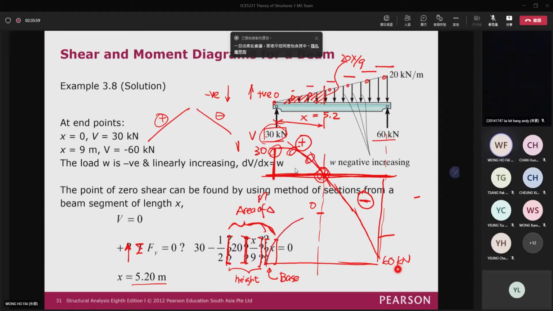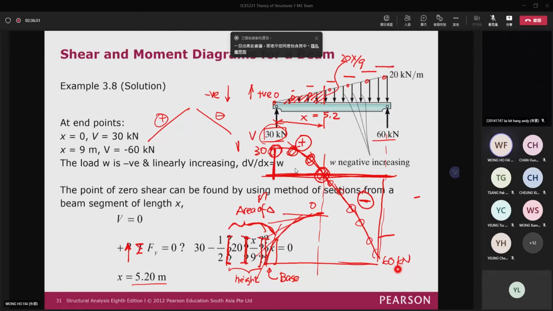So you can see that your diagram will be something like that, because the slope at first will be quite positive, still positive but less and less positive, and then equal to 0. On the other side, the shear force is negative, more and more negative, and very negative at the end.